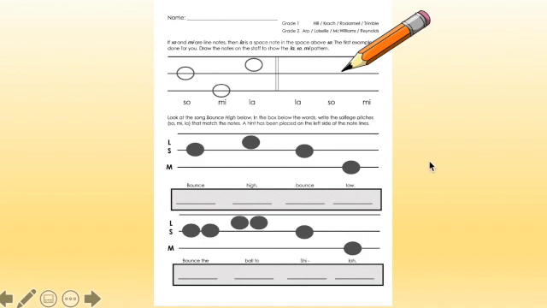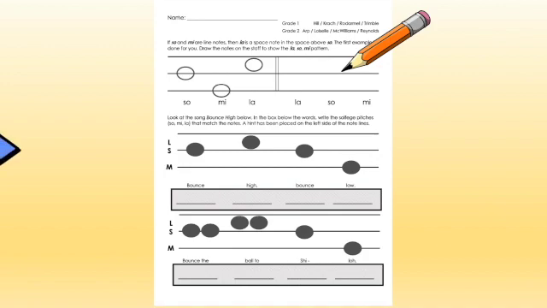Now, look at the song Bounce High, Bounce Low in the box below the words or the lyrics. It says write the solfege pitches, so, mi, or la, that match the notes. There's a hint placed on the left side of the page to help you.